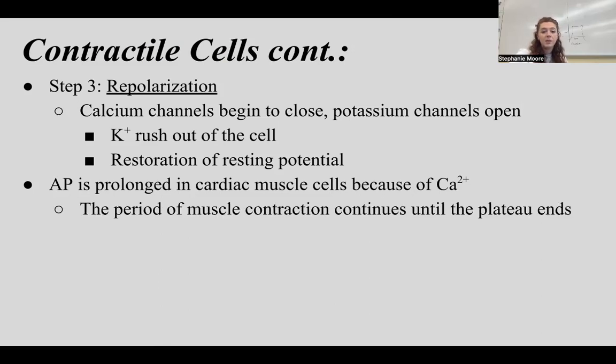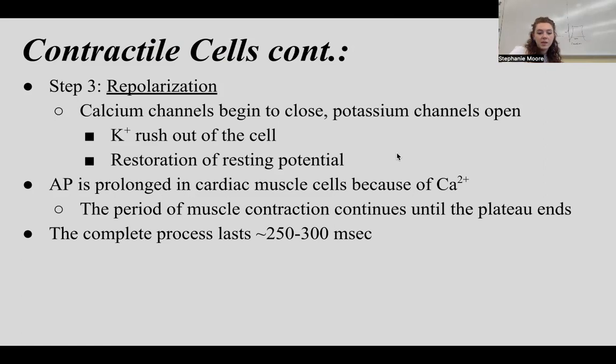The period of contraction actually ends when repolarization happens. So contraction is occurring, and then relaxation starts when repolarization starts. This whole process of all the steps lasts around 250 to 300 milliseconds.